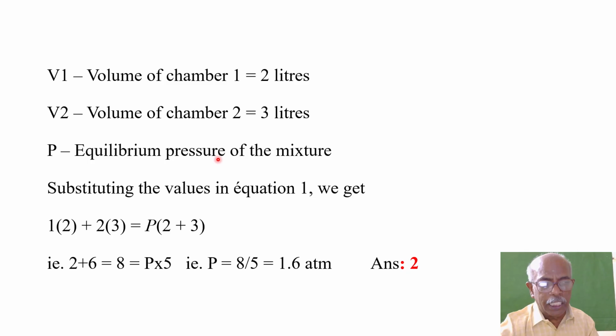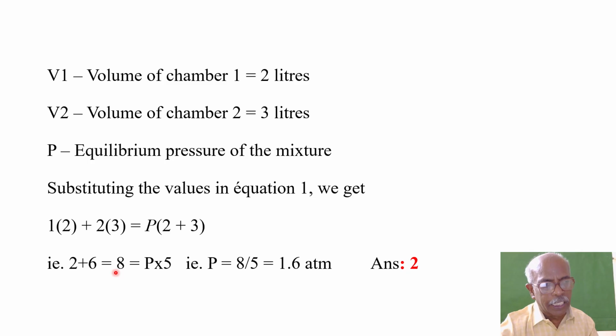This means substituting the values in the equation: 1 into 2, that is 1 atmosphere, 2 liters, plus 2 atmosphere, 3 liters, is equal to P, the final equilibrium pressure, into 2 plus 3. Very simple. 1 times 2 is 2, plus 6, 8, is equal to P into 5.